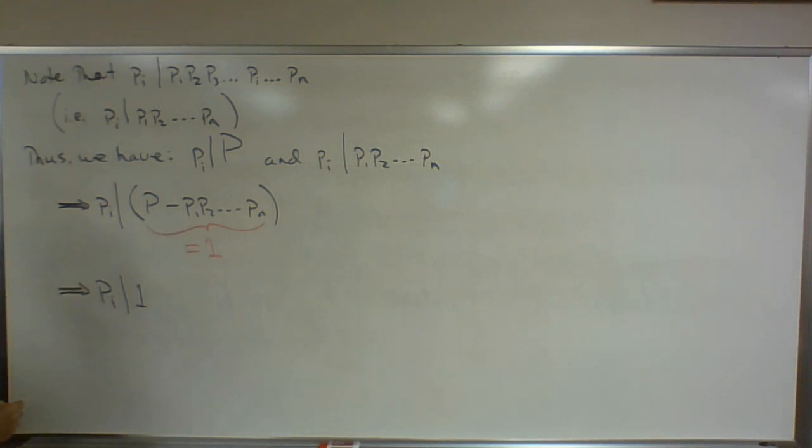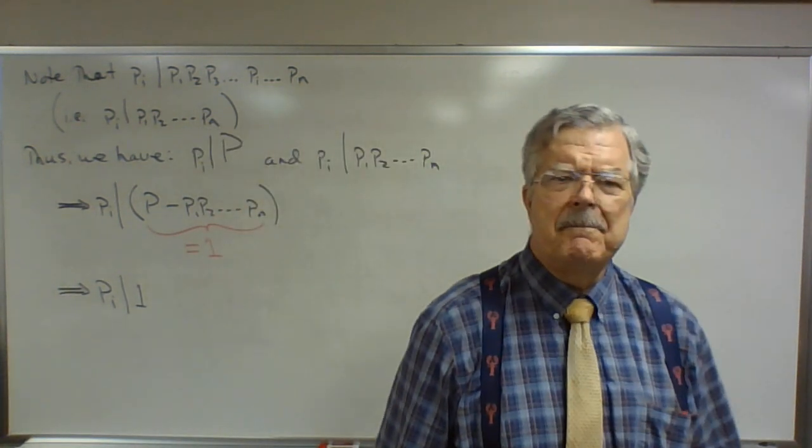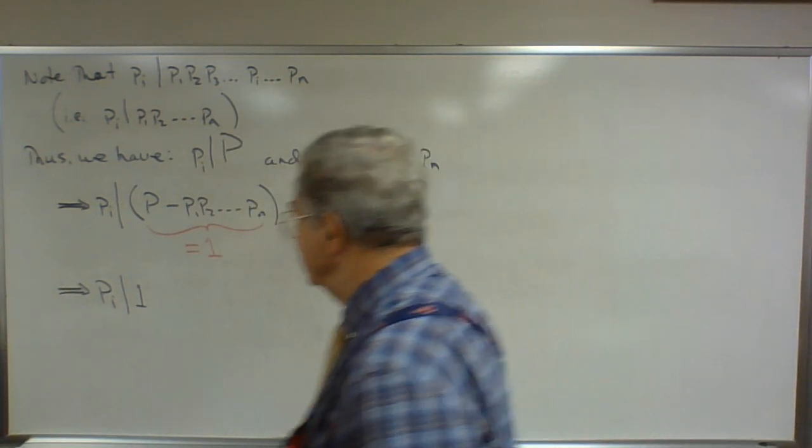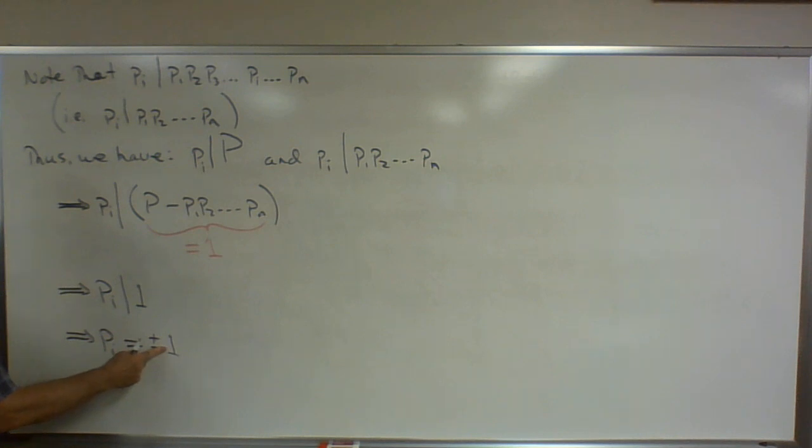P sub i divides 1. How is that possible? Well, if P sub i divides 1, that means that P sub i is equal to plus or minus 1. And we're assuming that P sub i is positive.